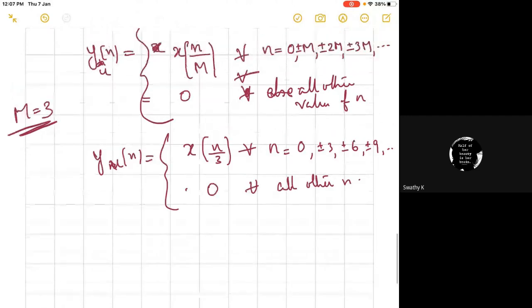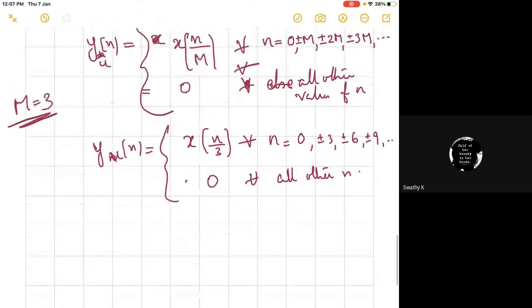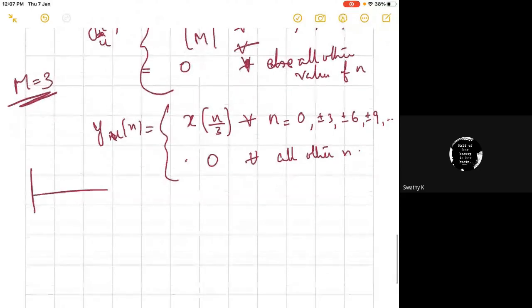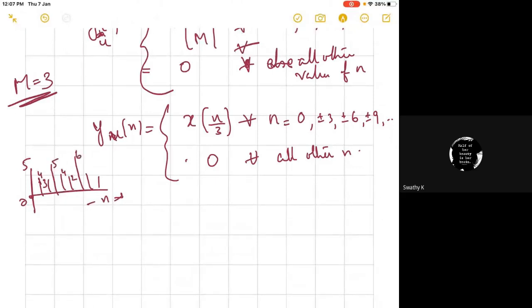Suppose you take another example of x[n]: at 0, you have some 5, 4, 3, 5, 4, 2, 6, 2, 1, like this.